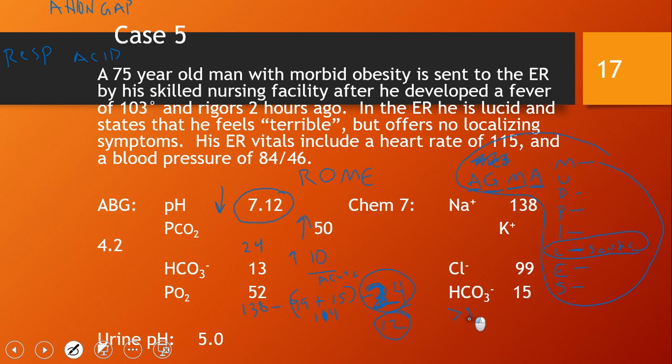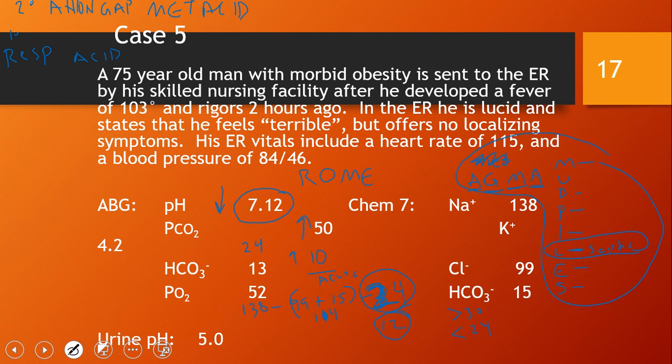I can't remember the cutoff, but if it's elevated, then you pretty much can just say straight up that they have anion gap metabolic acidosis. So that does agree. So they have anion gap metabolic acidosis, and that's their number 2. So this is their primary, this is their secondary.